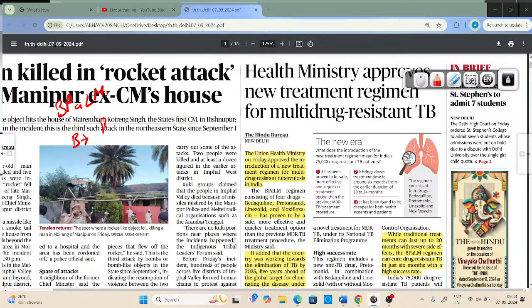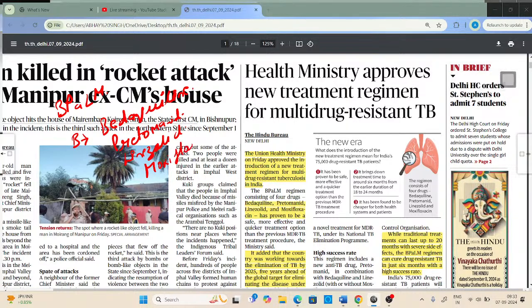So, bedaquiline, then we have pretomanid, then we have linezolid, then we have moxifloxacin. Now these are the four.